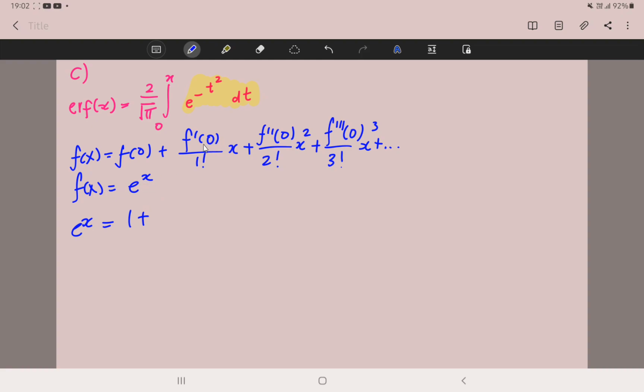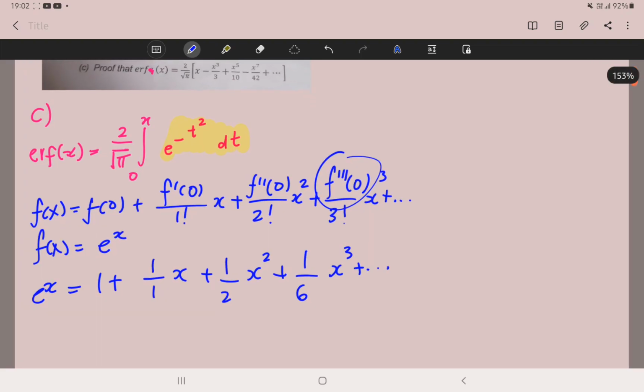When we sub in 0, it equals 1, so it is 1 divided by 1 times x, plus 1 divided by 2 factorial, which is 2, times x squared, plus 1 over 3 factorial, which is 6, times x to the power of 3, plus dot dot dot.